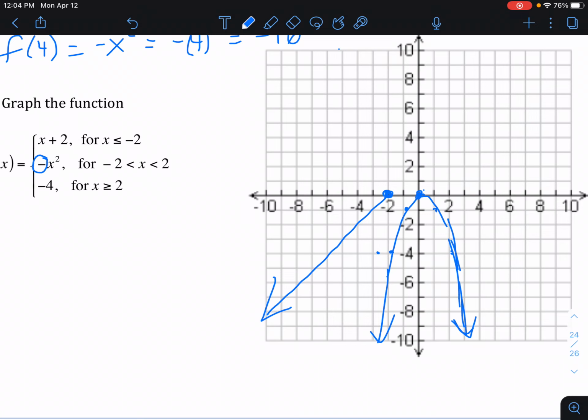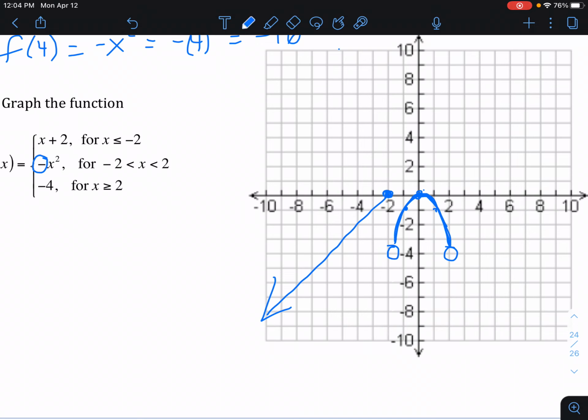Okay, so then it tells me I have to keep the part between negative 2 and 2, so that would be open circles there. Bear with me here, this is not going to be the prettiest. So negative 2 and 2 on the x-axis, and I'm going to keep the part in between them. I'm going to get rid of the parts that are left of it and right of it.